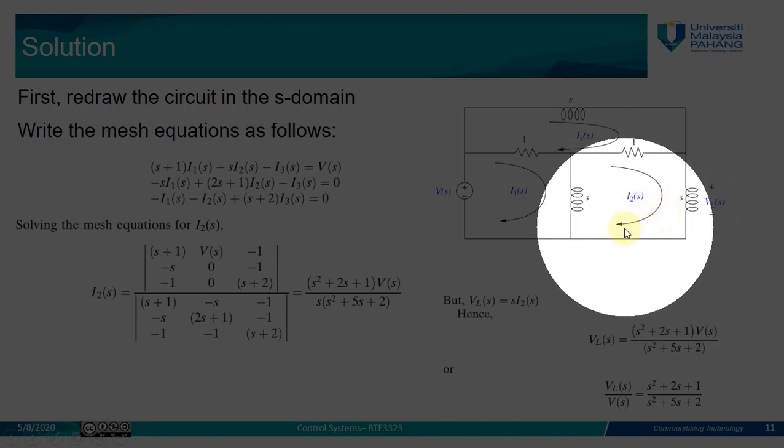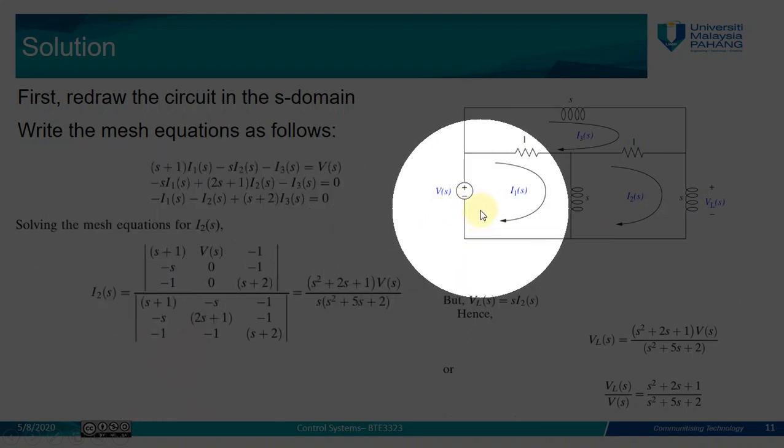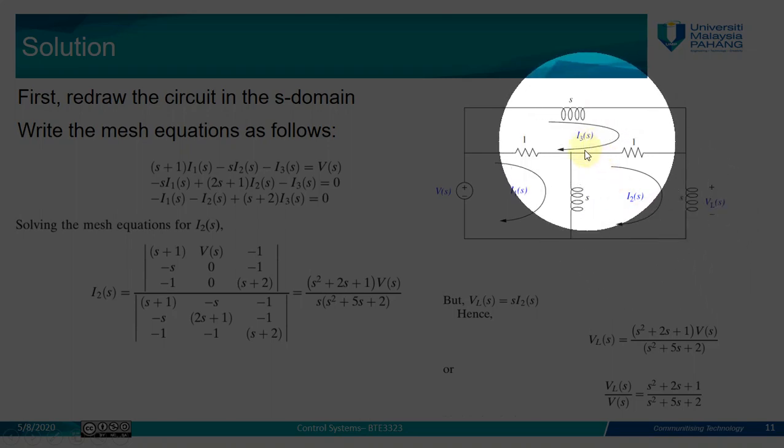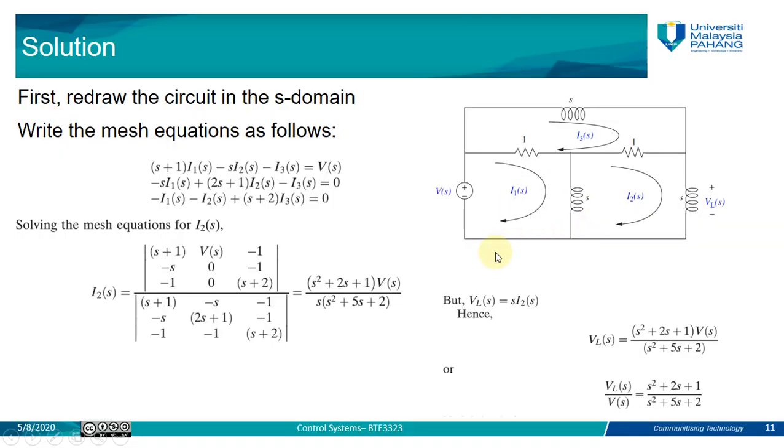For that, I do not solve I1, because I1 is related with VS, but it's not related with VLS. I3 doesn't have any relation with VLS. For that, we just use Cramer's rule to solve the value for I2 only. From this value of I2, we have a relation with VS, and then we convert this I2 in terms of VLS.